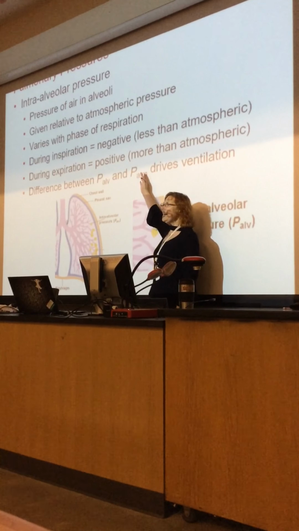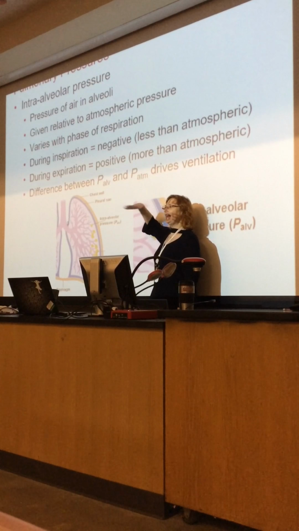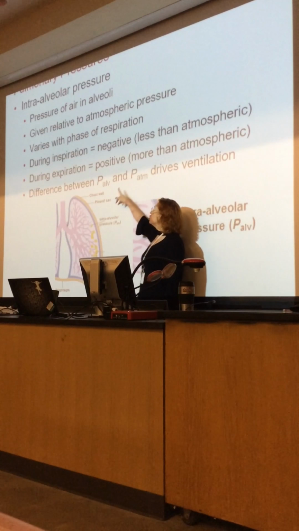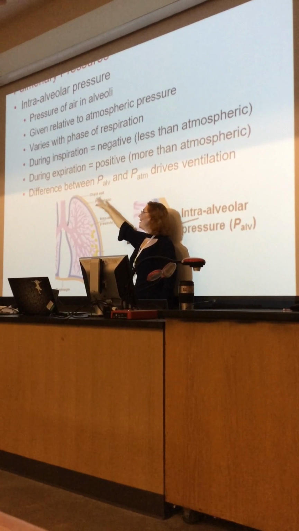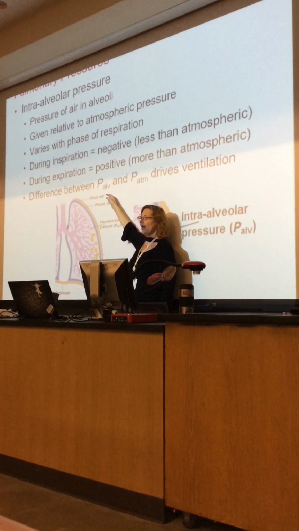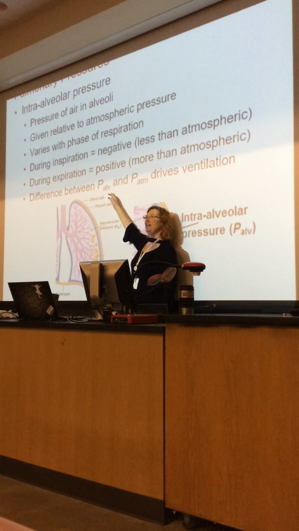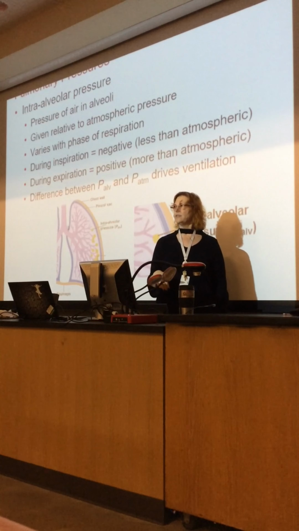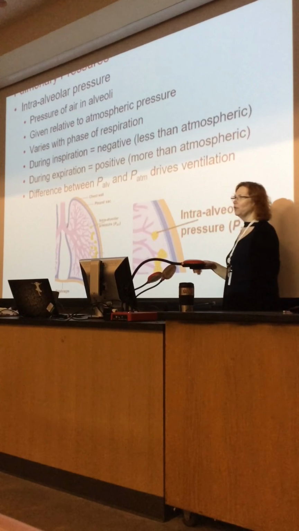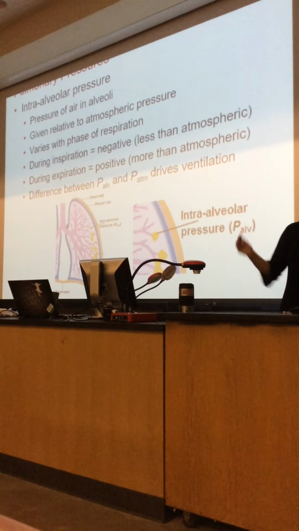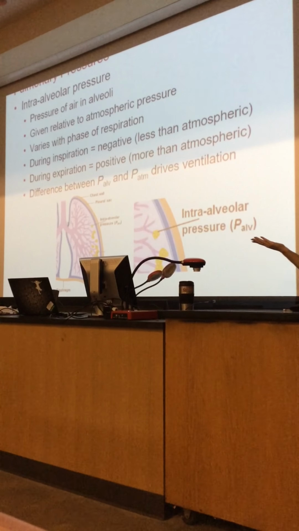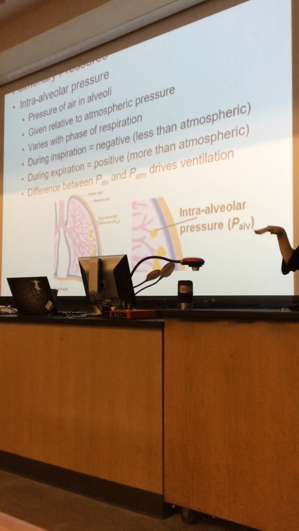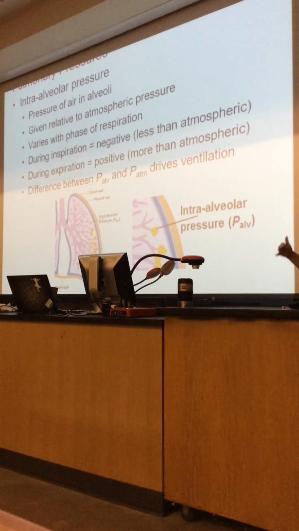So, because the atmospheric pressure at any given altitude is the same, what drives which way the air moves is the change in intra-alveolar pressure. If the intra-alveolar pressure is less than atmospheric pressure, air goes into the lungs. If it is higher than atmospheric pressure, air moves out. Okay. And when they are equal, there's no net change.